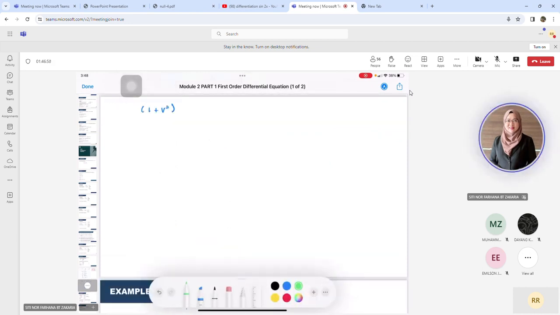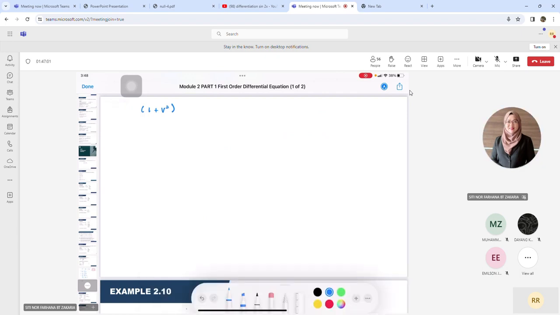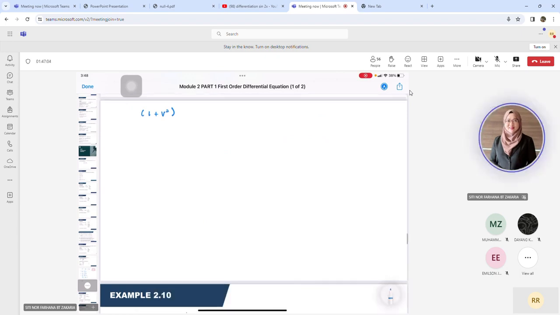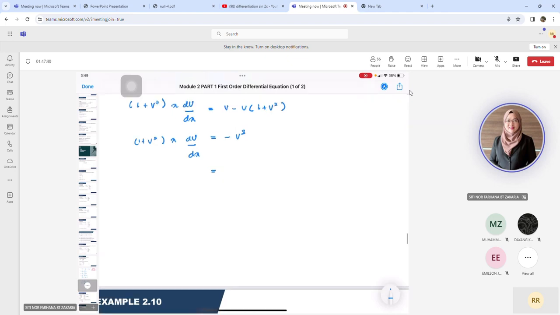So you akan dapat x dv over dx equals to v over v 1 plus v power of 2. So this one simplified, you akan dapat v power of 3 1 plus v power of 2 x dv over dx. Okay. And then dx kita boleh bawa ke atas, multiply ke atas.